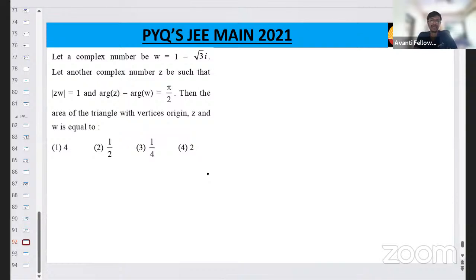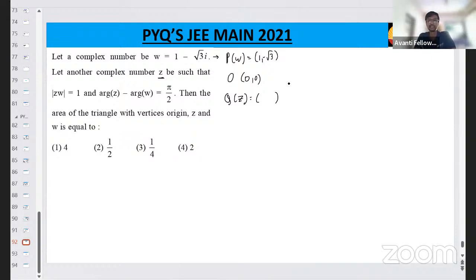तो पहले इफ यू नो आर्गन्स प्लेन से हम लोग क्या कर सकते हैं, इसका पॉइंट इफ वी टेक P W, that will be 1 comma minus root 3, and we have origin which is 0 comma 0. अगर मैं इसका पॉइंट लूं Z का, let's say Q, so we need the coordinates of point Q. क्योंकि अगर मेरे पास तीनों के कोऑर्डिनेट्स आ गए, राइट, the triangle is OPQ.